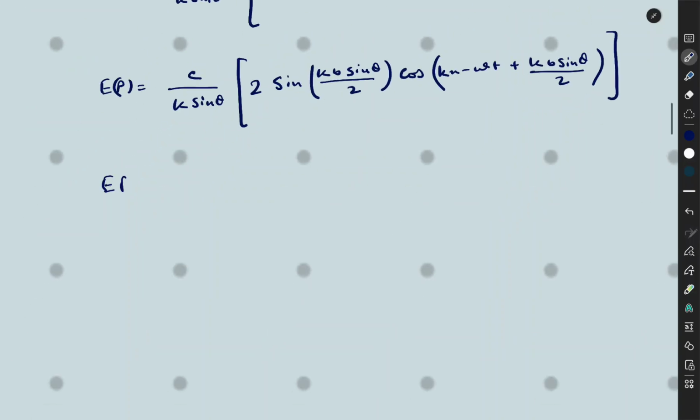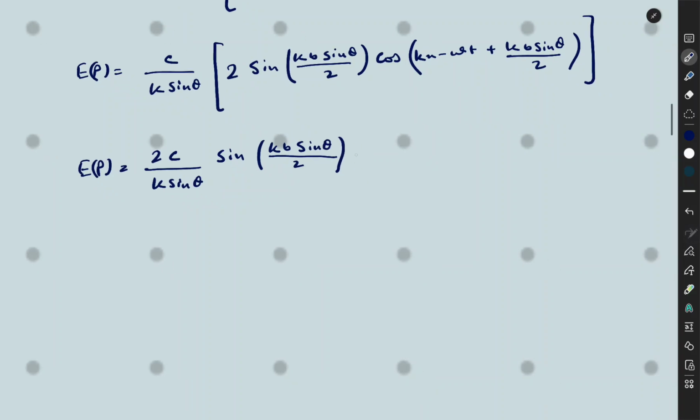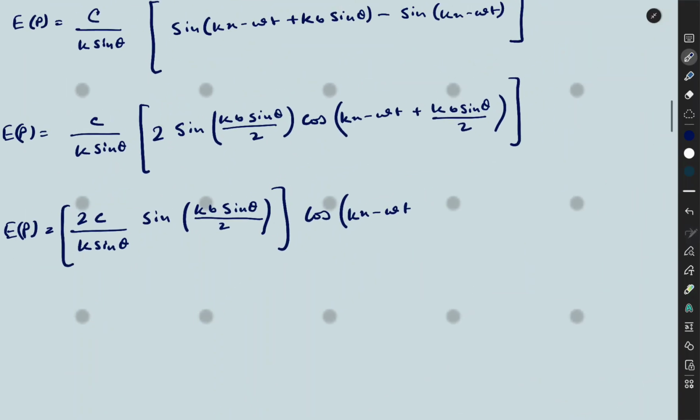If we rearrange and write it, we will get 2c by k sine theta into sine of kb sine theta by 2, and then this is a separate part, cos of kx minus omega t plus kb sine theta by 2.